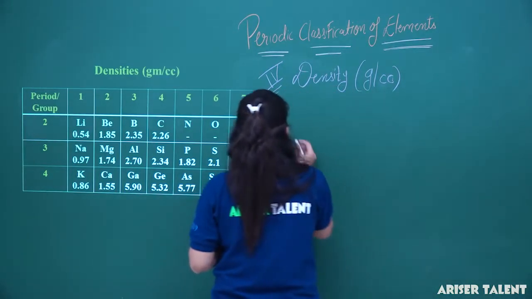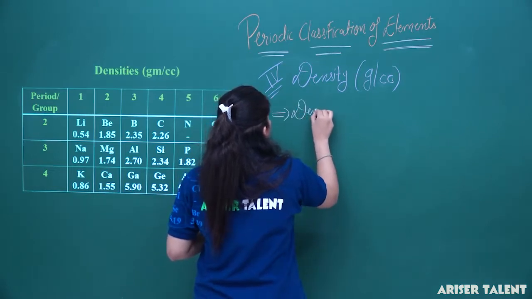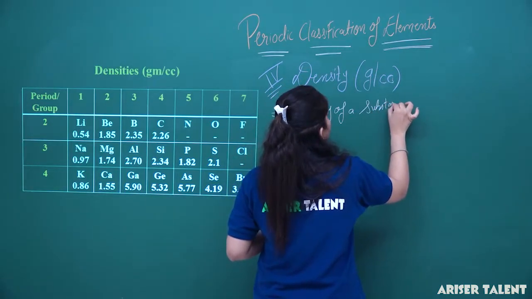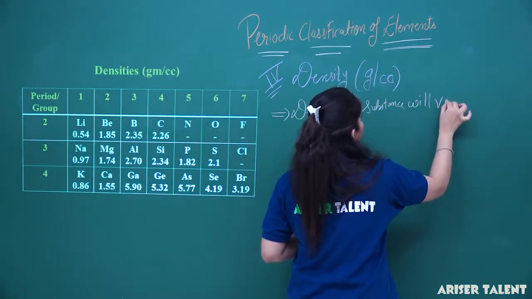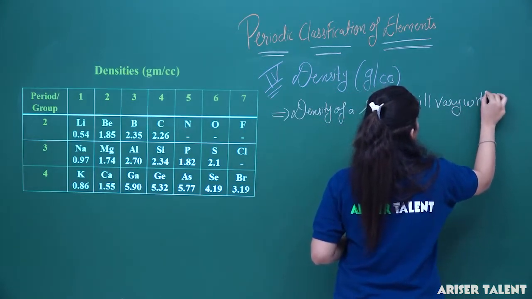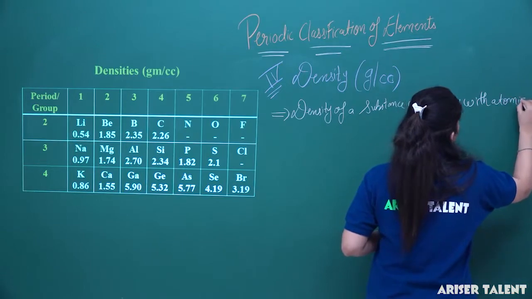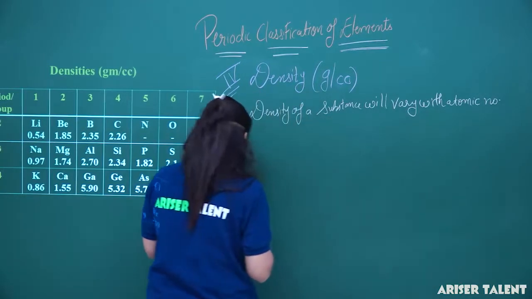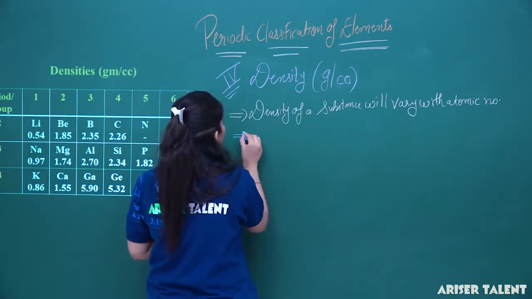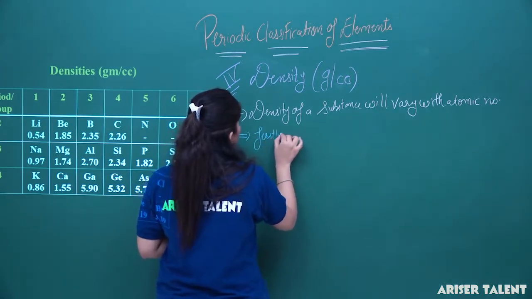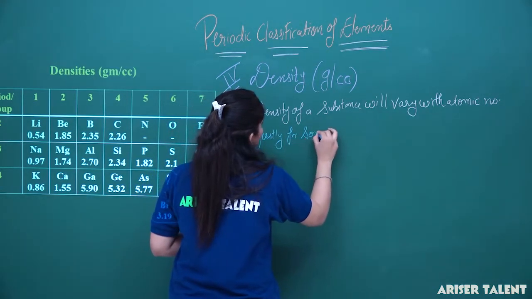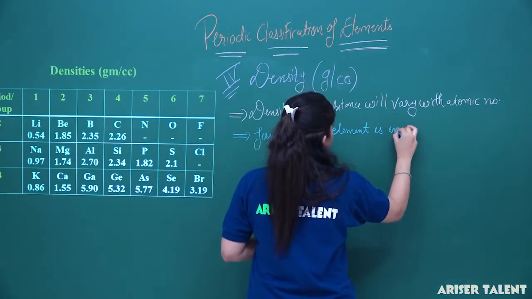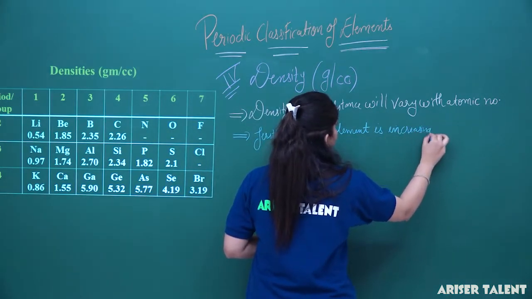So we can say that the density of a substance will vary with atomic number. So if the density is going to vary with the atomic number, what will happen? Firstly, for some elements in the starting, it is increasing.